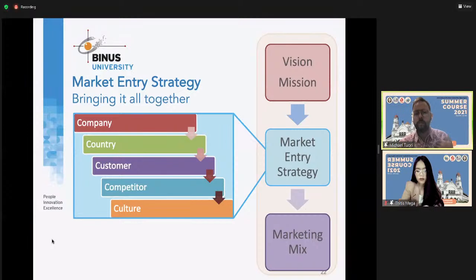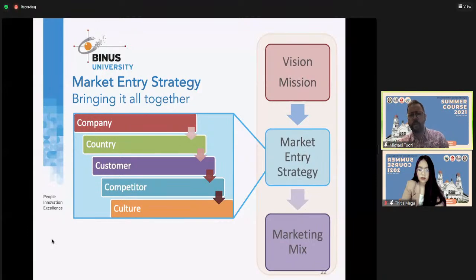If we could make a very great market entry strategy, but it doesn't fit with the identity and mission of the company, it's not going to work out very well for us. It's not going to be who we are. So we always look back to what our vision and mission and purpose is when we're making decisions, especially around strategy.